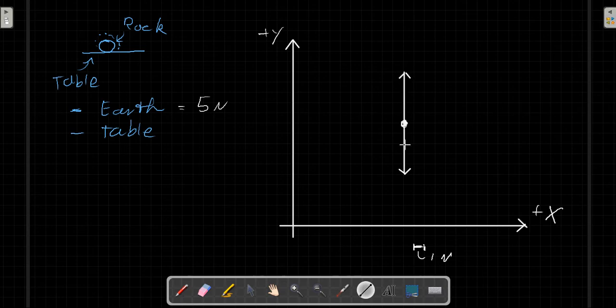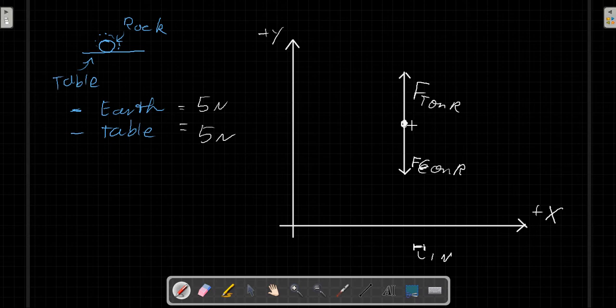Now I've defined the magnitude of these vectors, and we'll give them their labels: force table on rock, force Earth on rock. Sorry, capital E. So there you have it. We've used the squares, our blocks in the background, to help us define the magnitude of each of these vectors. And of course, this is in equilibrium, so there's 5 newtons as well.